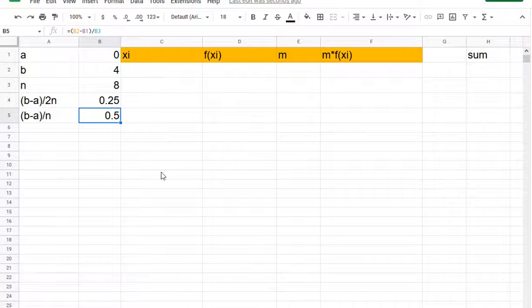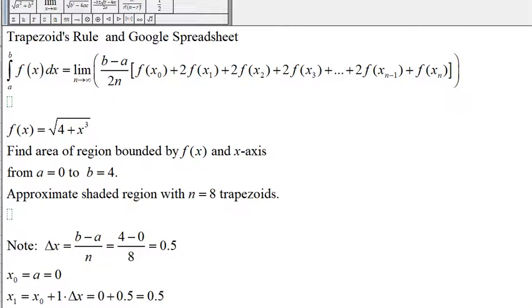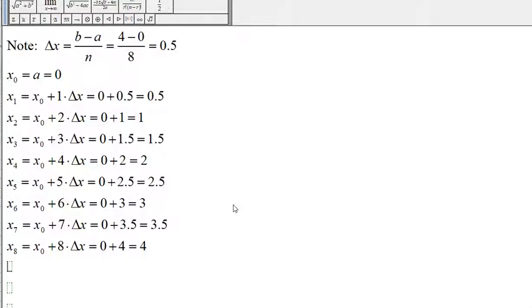And then we have to give it the initial x values. These are our x values right here. The first one is 0. The next one is 1 plus delta x. The next one is 2 plus delta x. The next one is 3 plus delta x.